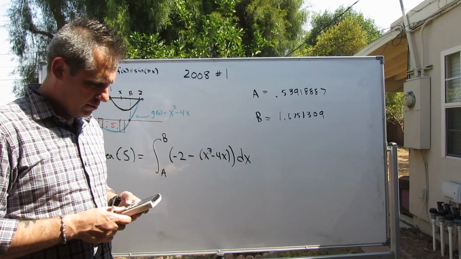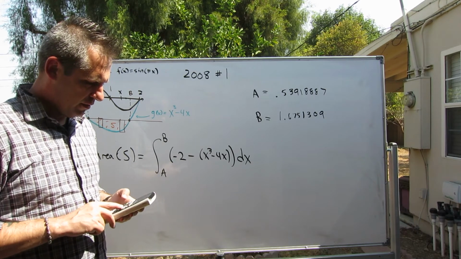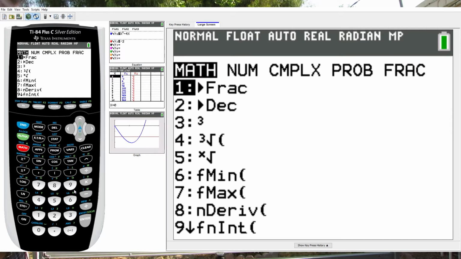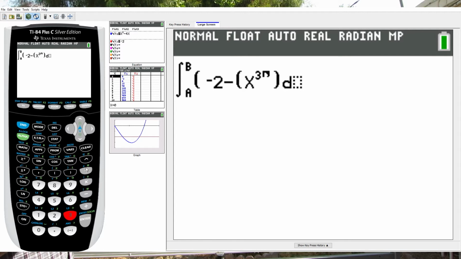So, math 9, and this time I'm going from 0.53918887 up to 1.6751309, and the function we're doing is parentheses -2 minus parentheses x cubed minus 4x, dx.